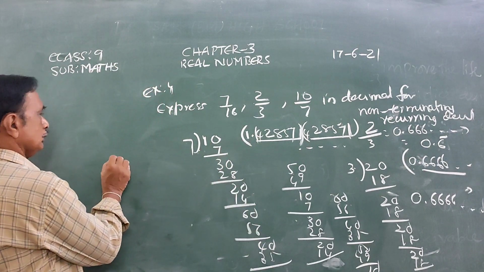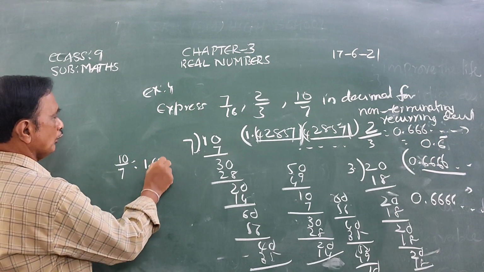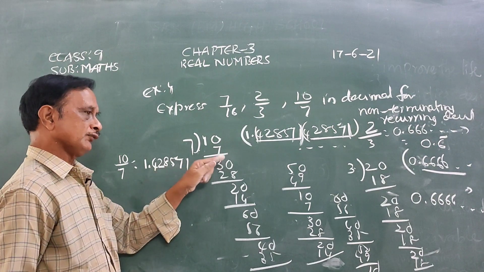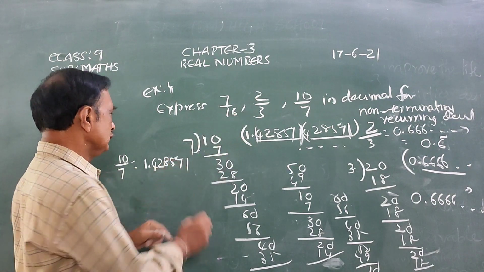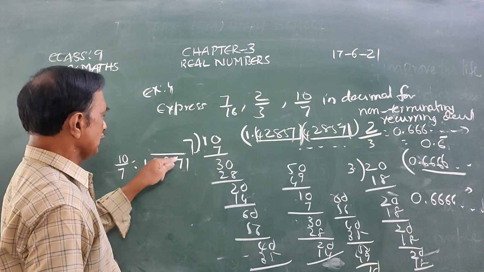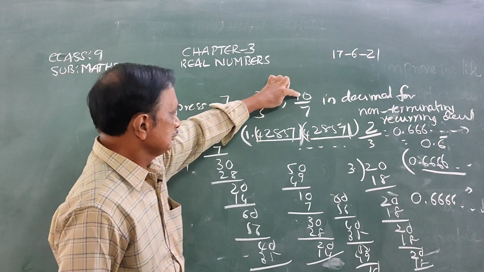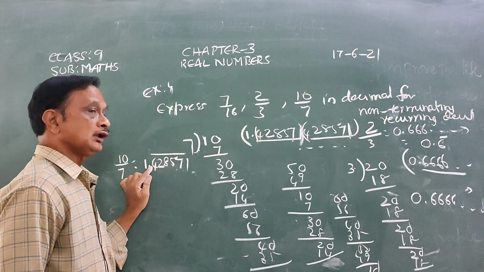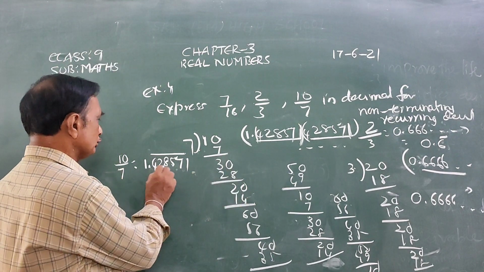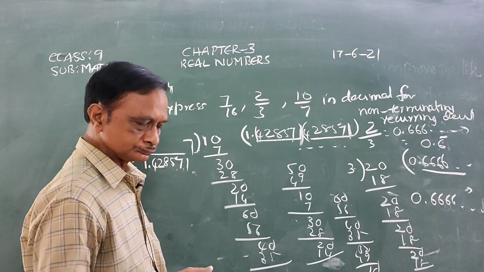So 10 by 7 can be written as 1.428571 bar on 428571. So here 10 by 7 gives a non-terminating recurring decimal. What is the repeating part here? The recurring part is 428571, 428571 and so on.